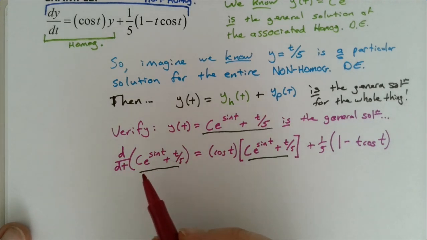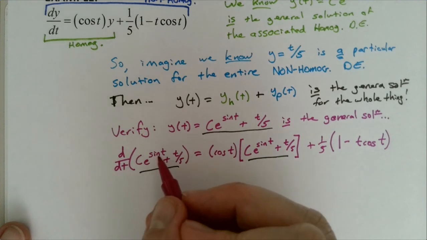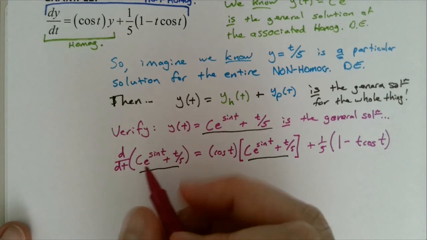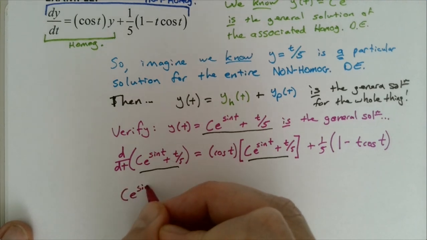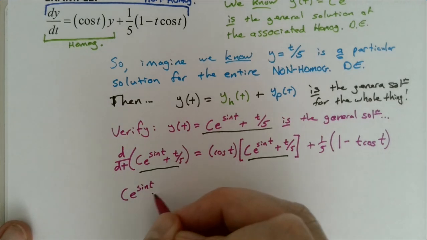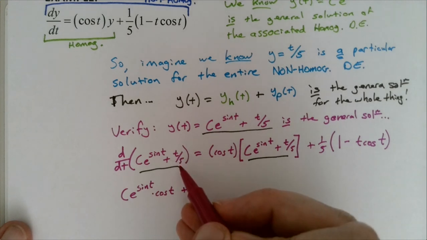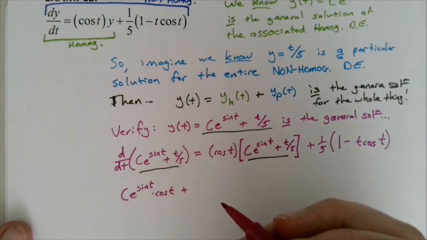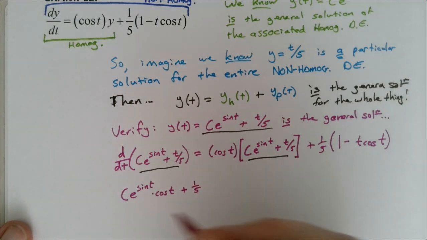Well, the derivative of a constant times e to the sine t is just a constant times e to the sine t times the derivative of sine t, which is cosine t, plus t over 5. The derivative of t over 5 with respect to t is just 1/5. So that's the left-hand side.